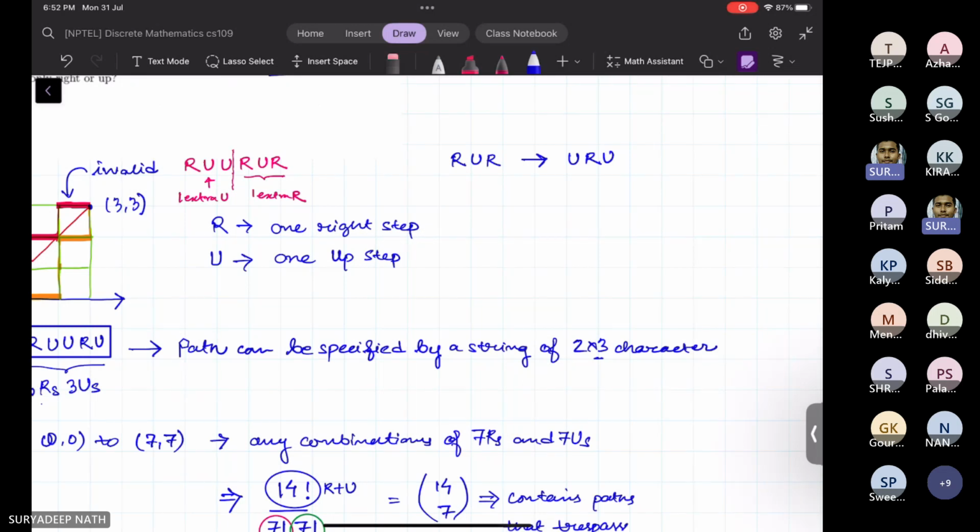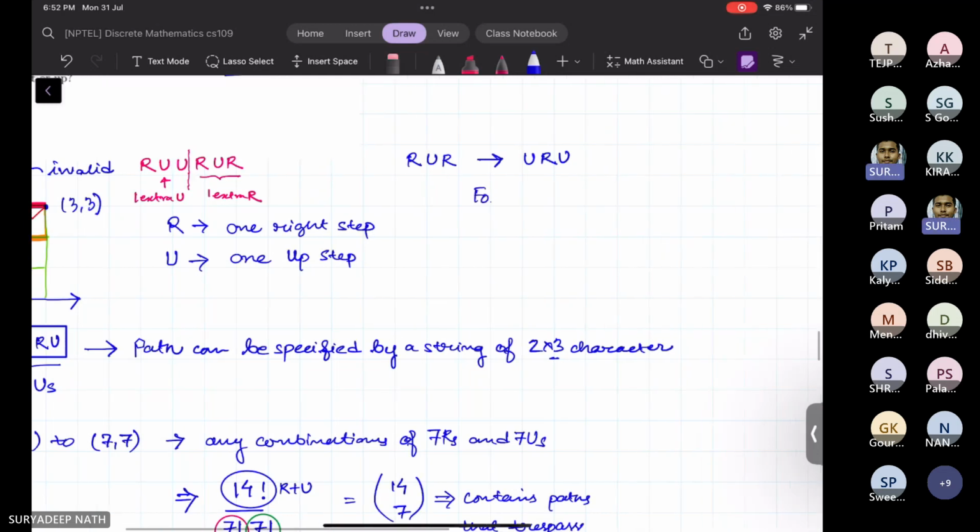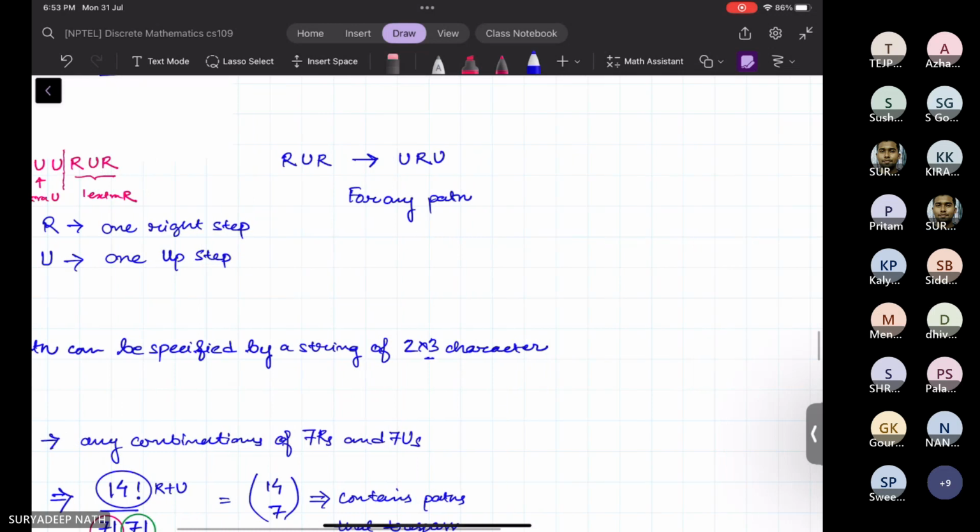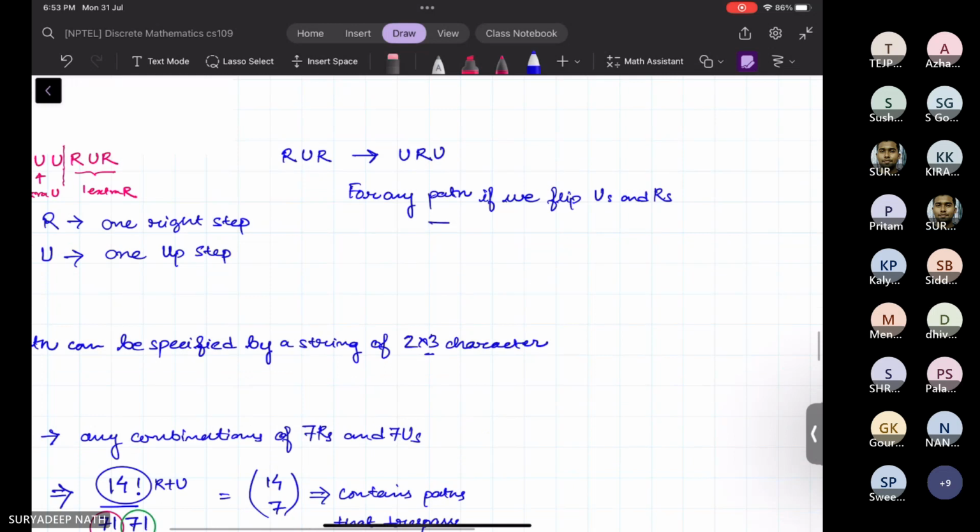It's not that by flipping you can get multiple paths. So for every path, if you flip U and R, you get another unique path. That is a 1-to-1 mapping. Let me write it down in words: for any path, if we flip U's and R's, we get another unique path.